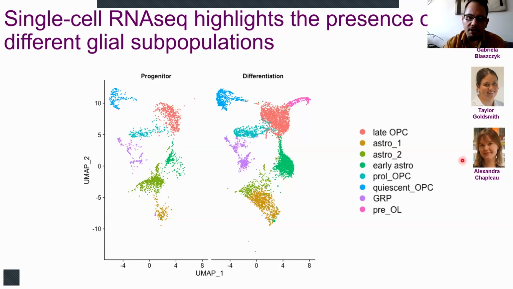The first thing that we can notice is that we confirm that all the aforementioned populations are present, including different types of astrocytic cells. There is a differentiated oligodendrocyte population that only appears when we push these cells to mature, and this will be the object of a work that has been submitted.